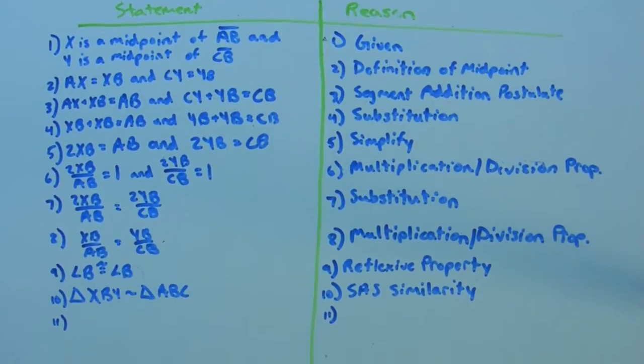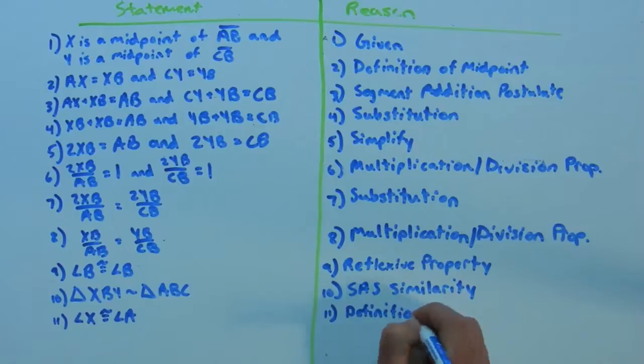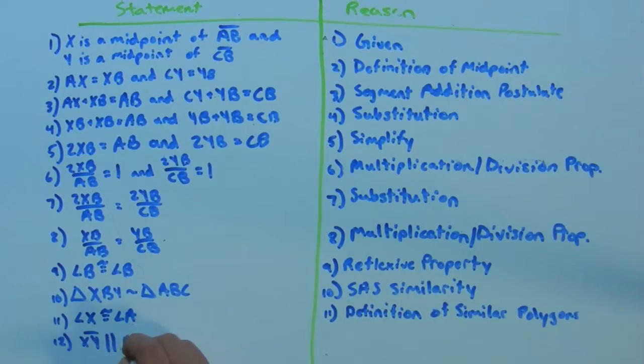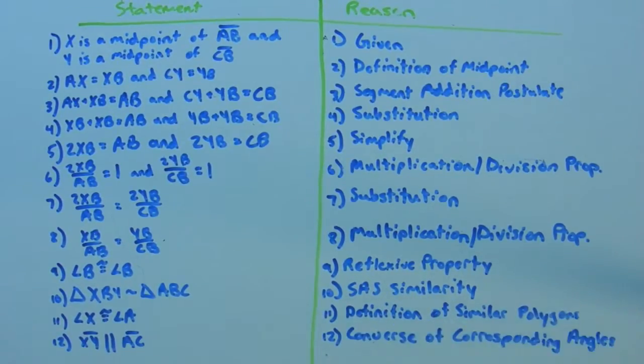So back down to our proof. XY is parallel to AC by the converse of the corresponding angles postulate.